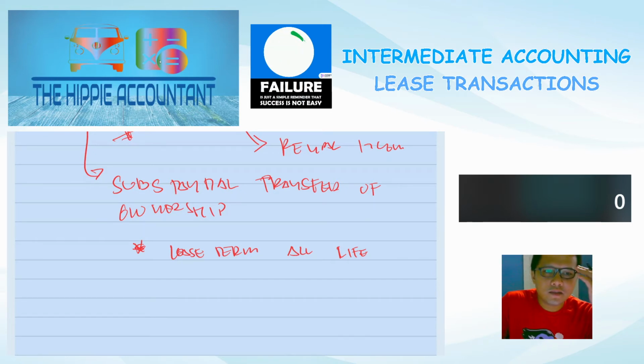Kumbaga, in essence, for example, yung subject of the lease natin, let's say building, based on our reliable estimate, the life of the building, let's say 50 years. Then, nirenta sa atin. Yung lease term is also 50 years. Okay? So, basically, the lease term will cover the life of the asset.